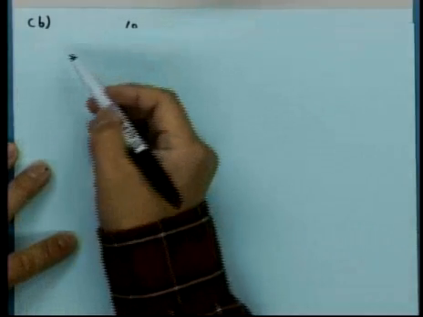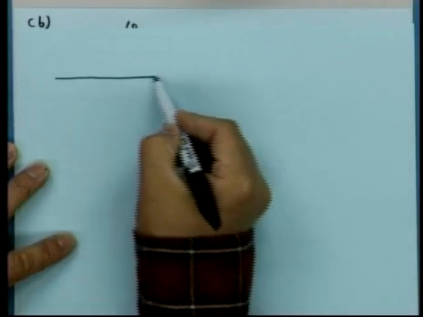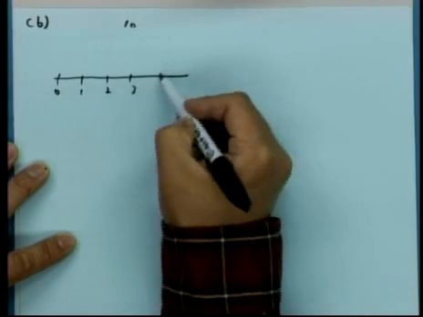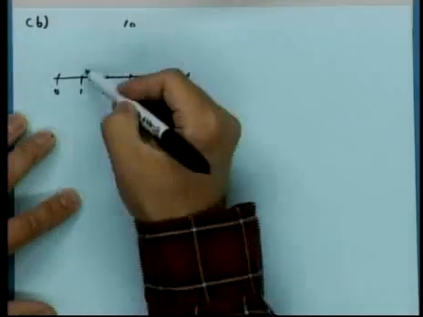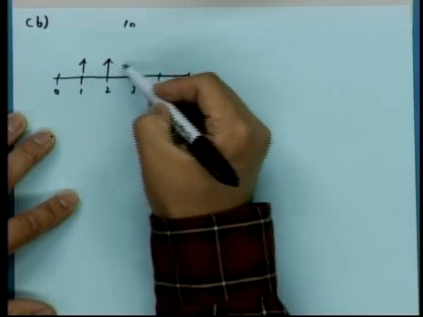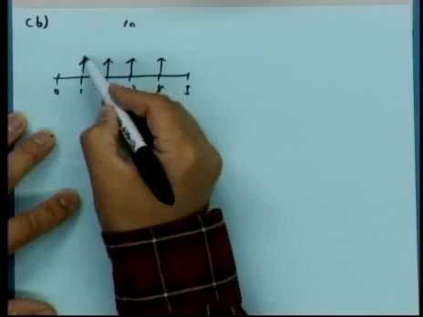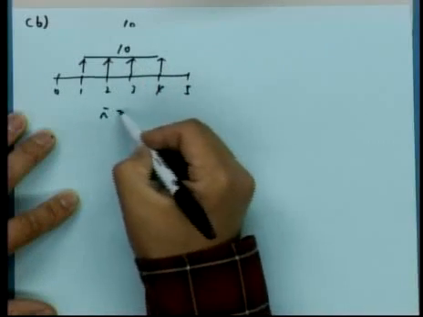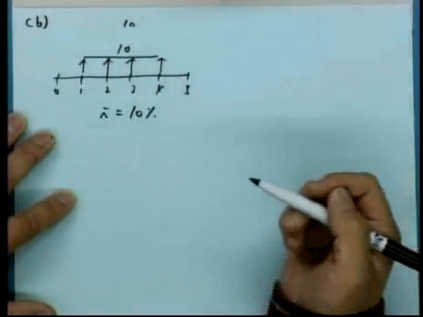Okay, so here's another way. This is the original diagram, 3, 4, and 5. I equals 10%, right?